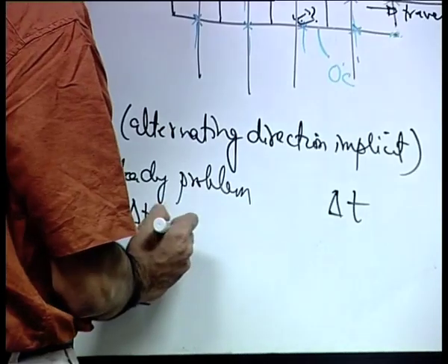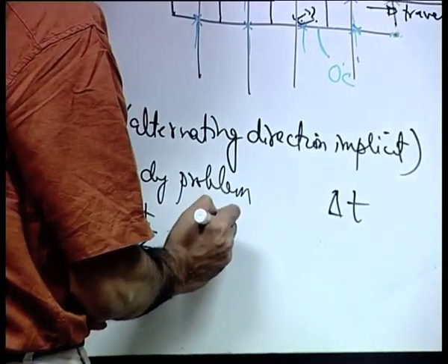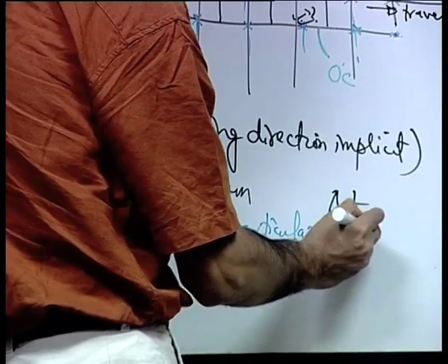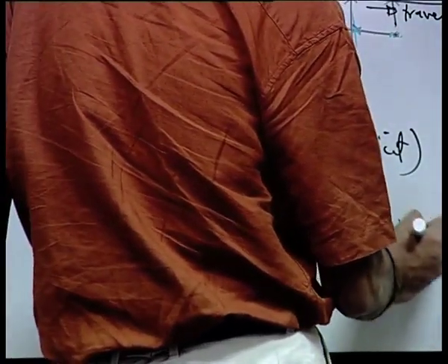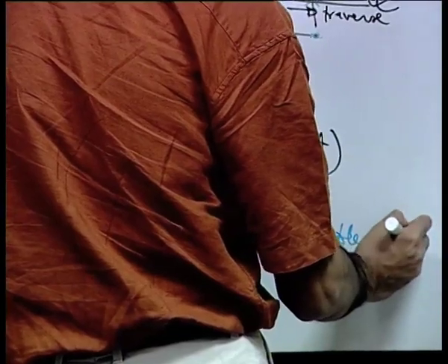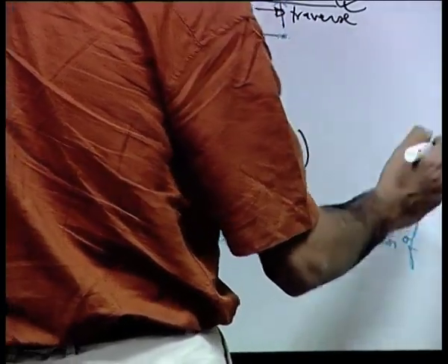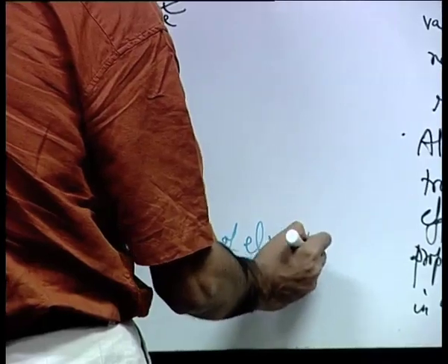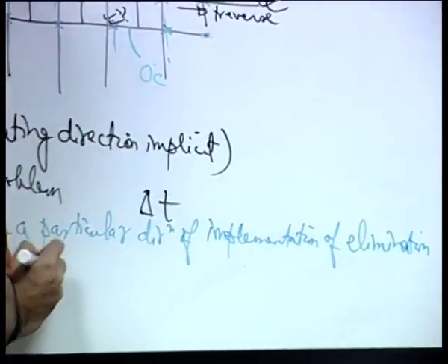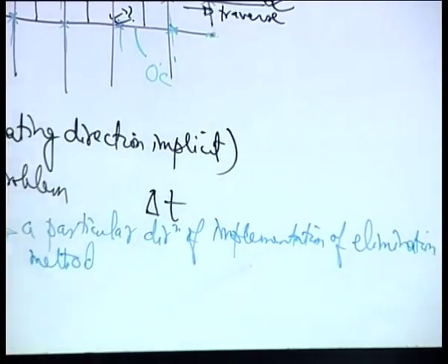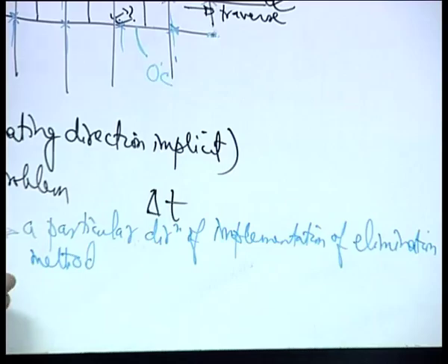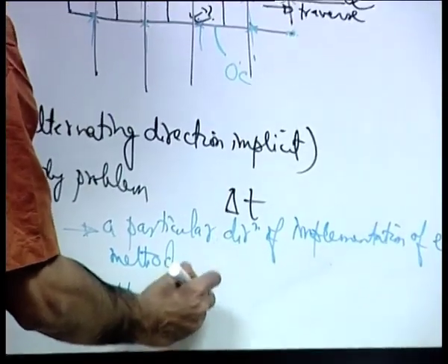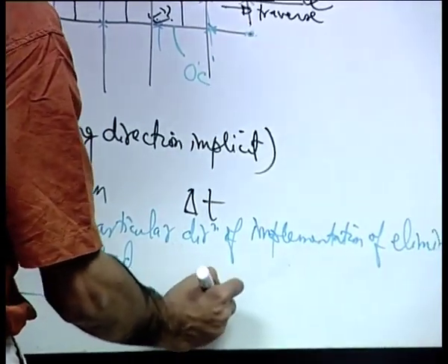So, in this you have a particular direction of implementation of elimination method, and here the direction is reversed.